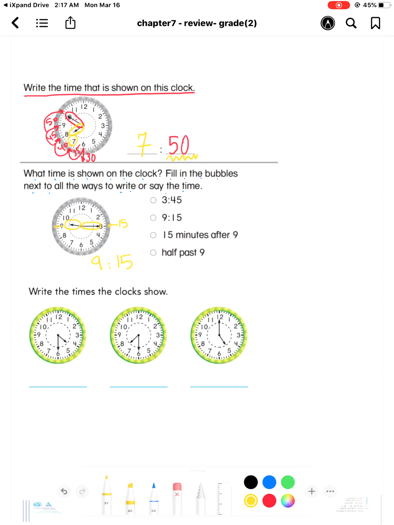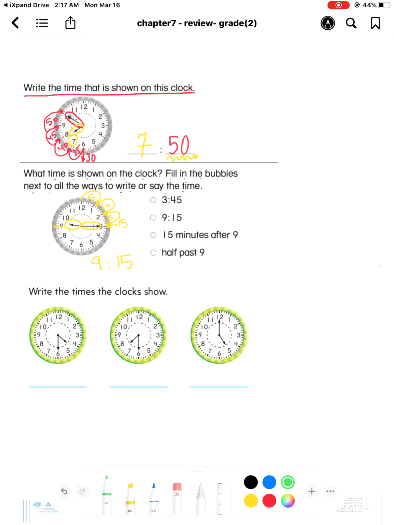Again, if you can't easily memorize that 3 is 15 and 6 is 30 minutes, you can do it like this: 5, 10, 15. Now let's check the choices in order to fill in the bubbles next to all the ways to write or say the time.